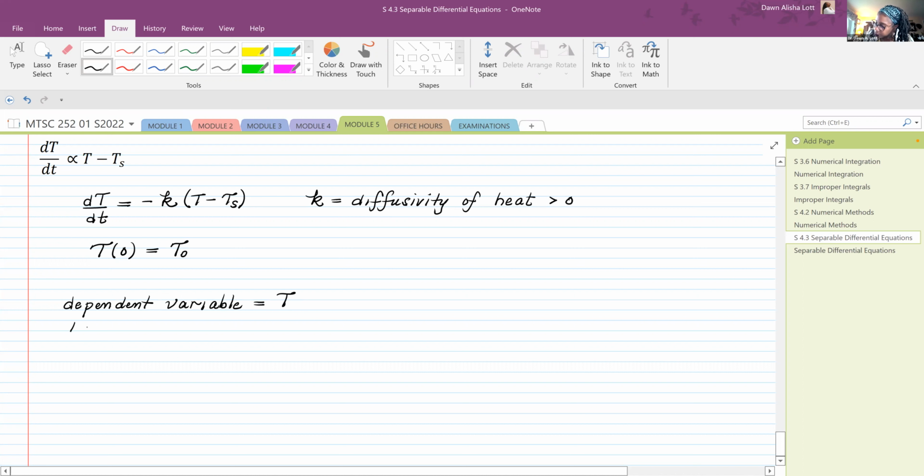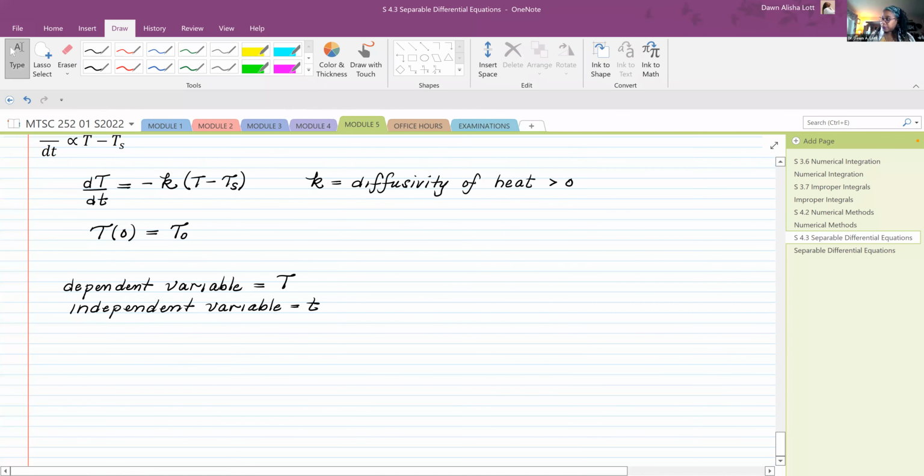And our independent variable is little t, which is time. So now we're going to get all the capital T's on one side and all the little t's on the other.